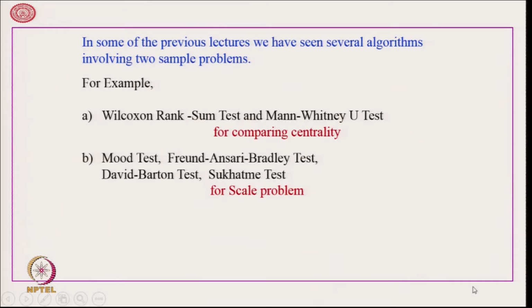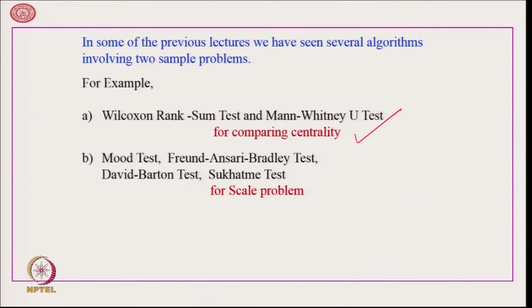In some of our earlier lectures, we have seen several tests for two samples. For example, we have studied the Wilcoxon rank sum test and Mann-Whitney U test for comparing the central locations of two populations.